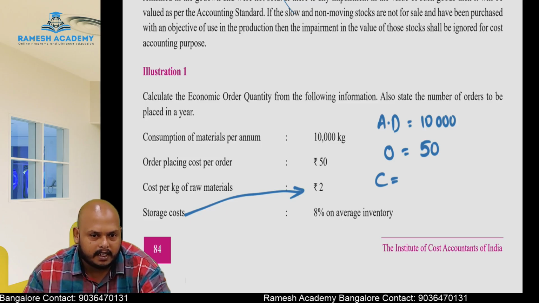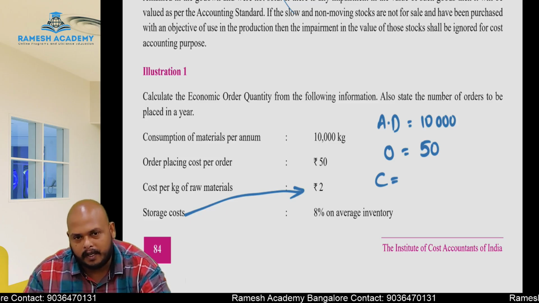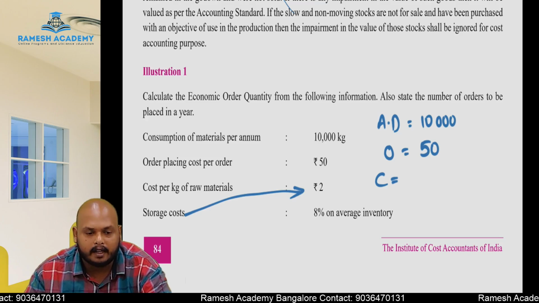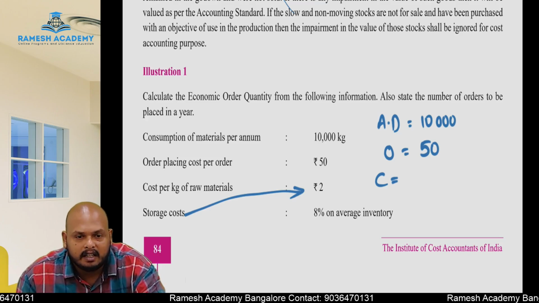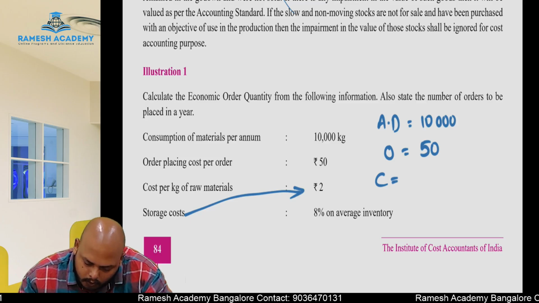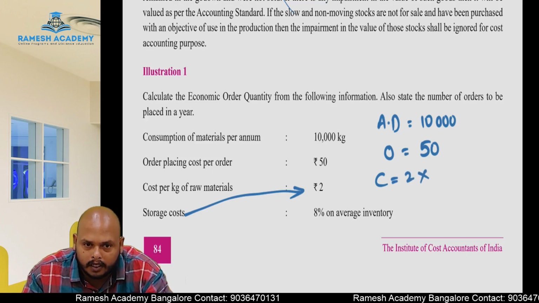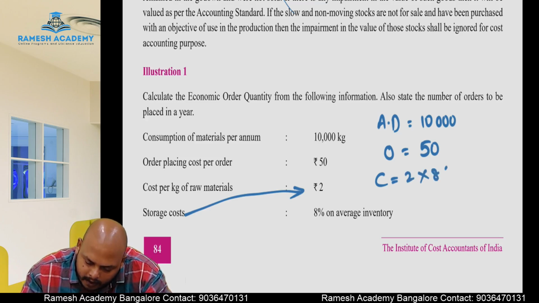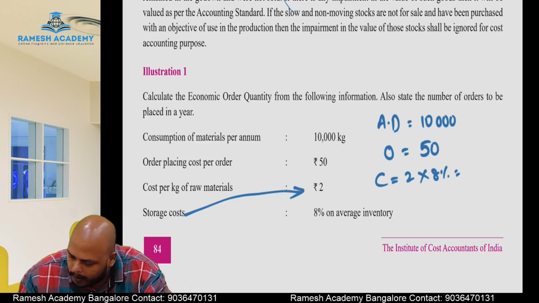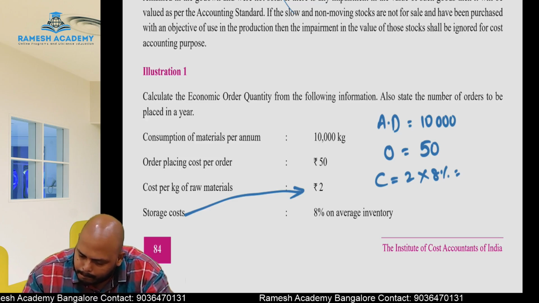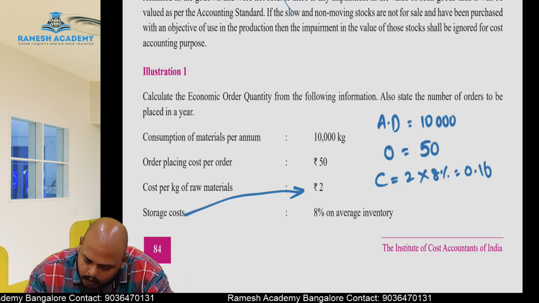On the price, cost per kg or cost per unit of raw material. On that we will calculate this storage cost. So carrying cost is equal to how much? They gave price per kg is 2, into what is the percentage? He said 8%. 2 into 8%.